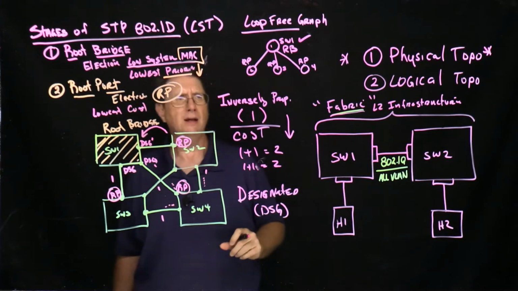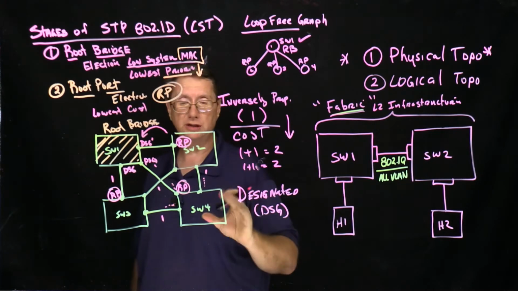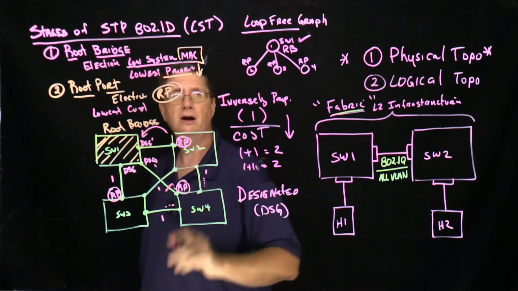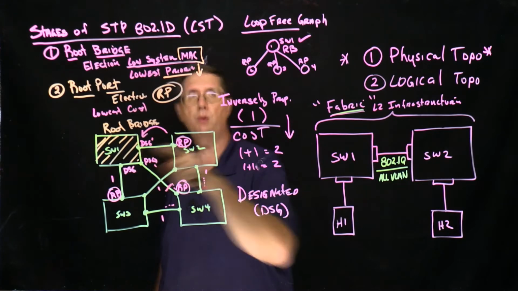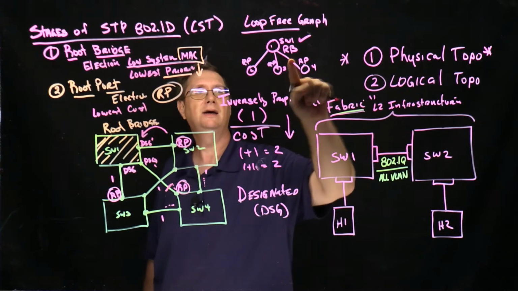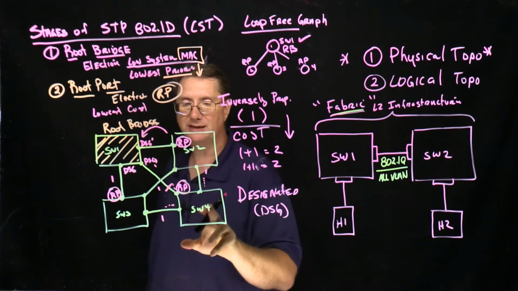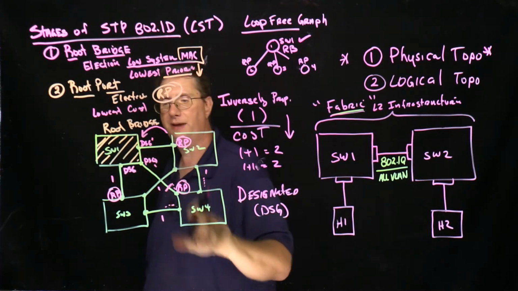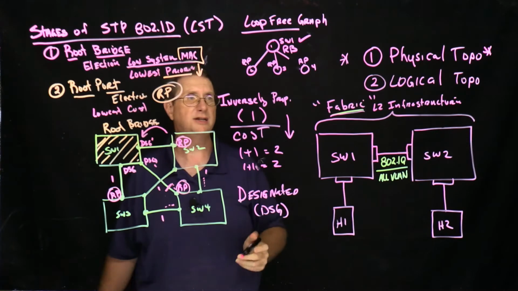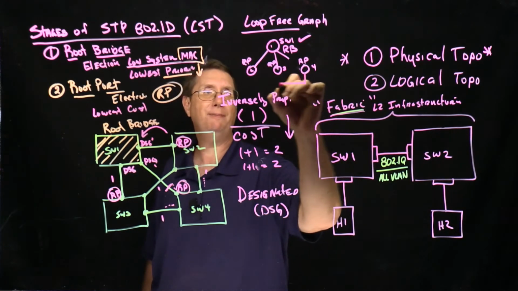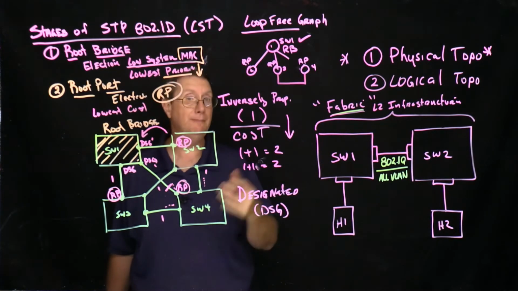Now, the key element here is if I were to lose a link, let's say this link right here goes dead, that means SW4 would no longer be connected to SW1. Well, the benefit is that SW4 would now have the ability to pick one of these 2 links to go active. So it will actually remap itself.